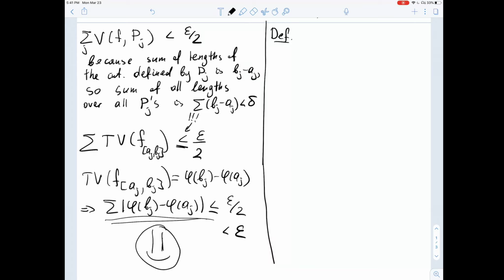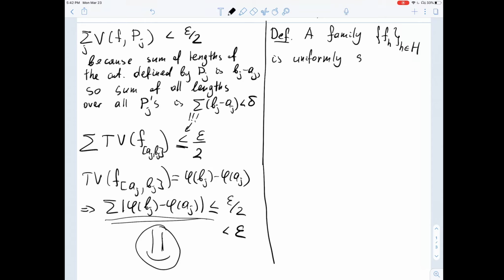So definition. A family f, let's index it by h, and let's say h is from 0 to 1, so it doesn't even need to be countable. You know what, I don't even need 0, 1, I just need h to be in some set of indices.